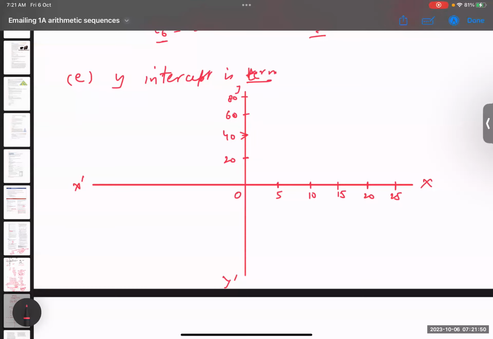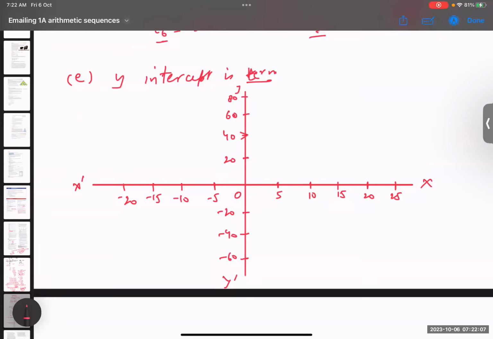If I take 5 here, it will be negative 5. It will be negative 10, negative 15, negative 20. If I've taken 20 above, then it will be negative 20, negative 40, negative 60. Is it clear?